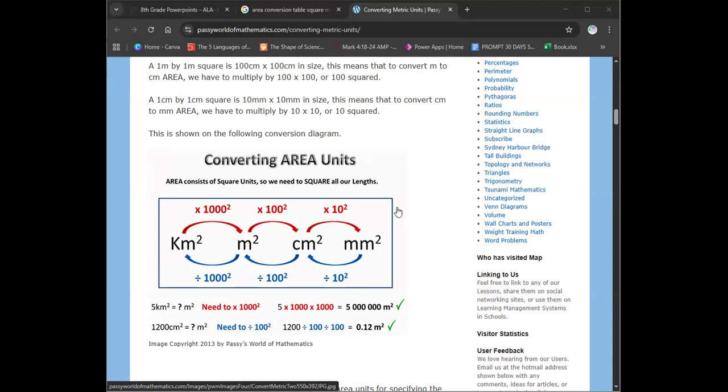Because if I was asked to do, say, 2 centimeters to millimeters, I'd have to divide it by 10. Okay. Yes. Now, do you know what actually determines what you divide?